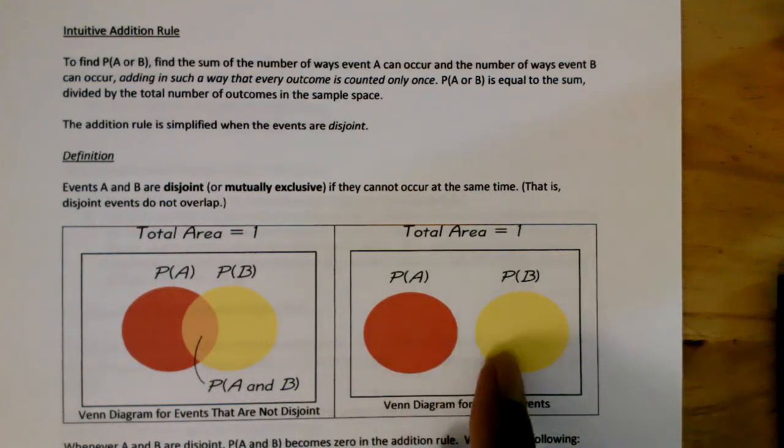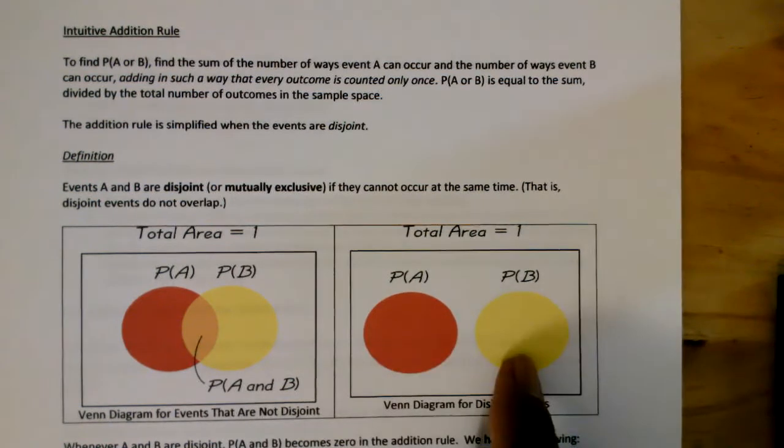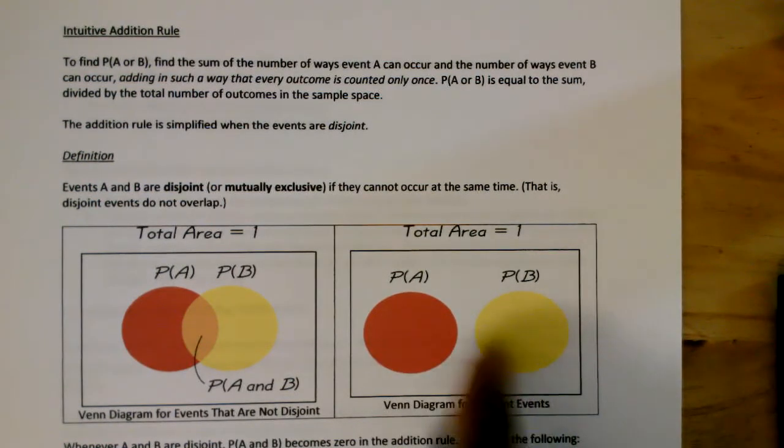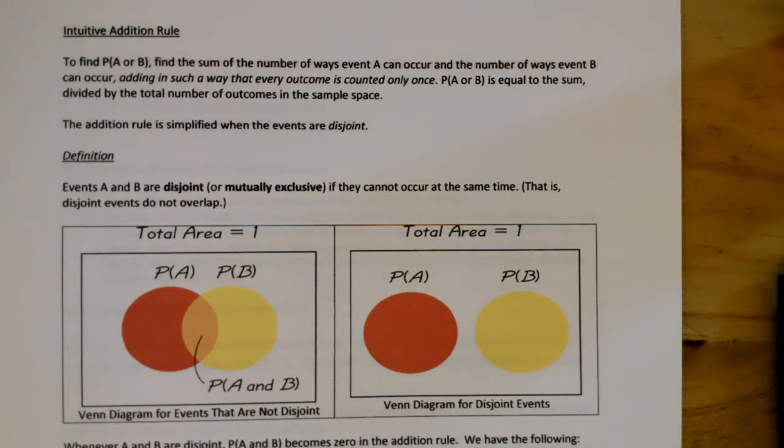Whereas on the right side, you'll see probability of event A in red and the probability of event B in yellow. Those two do not intersect. Those are considered to be disjoint events. Event A and event B have nothing in common.